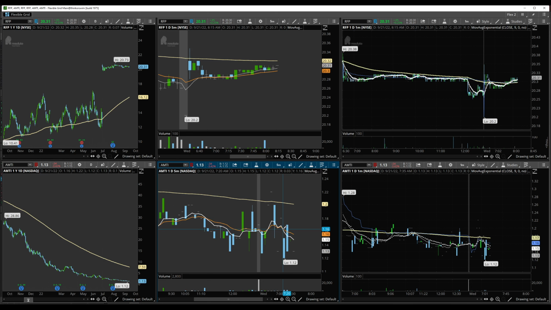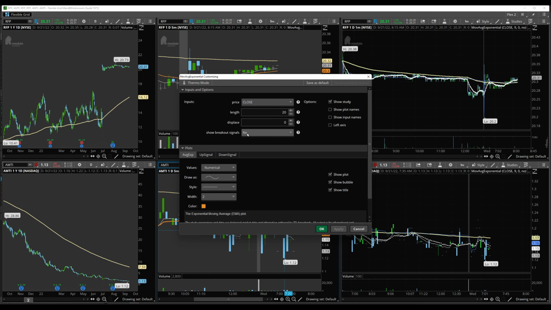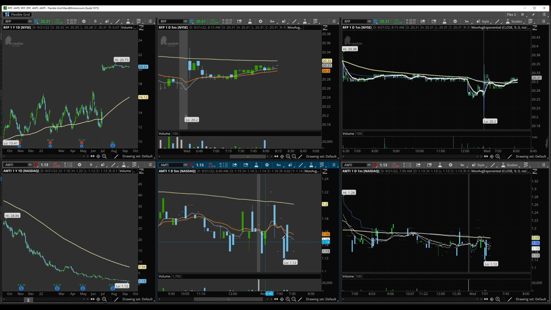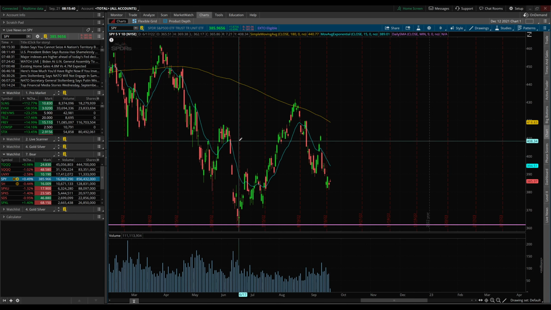And then for these other studies, I just use different colors. You don't always need to make it the same color every window. I can customize this to different colors. The reason why I do it is because it's fun. That's it. I could set it all to the same color as this one, but I choose not to.